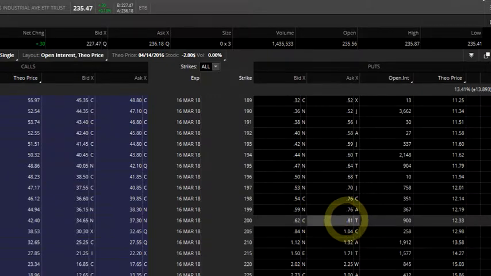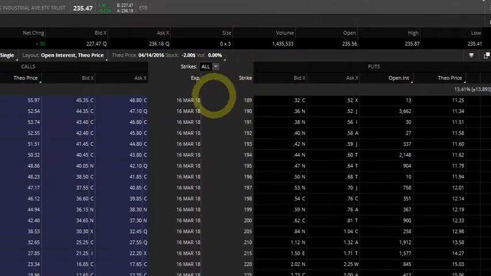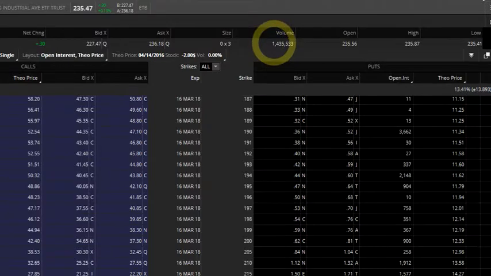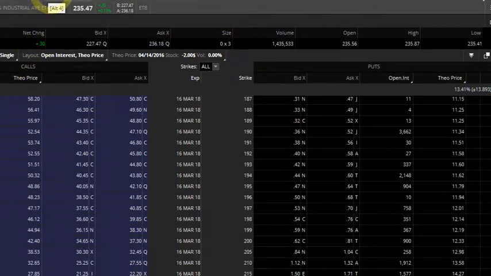And this is the option right here. Of course, this pricing is not accurate. But the idea is, and I bought it on the Dow, so this is the DIA, which is the ETF for the Dow Jones Industrial Average. So how does that work?